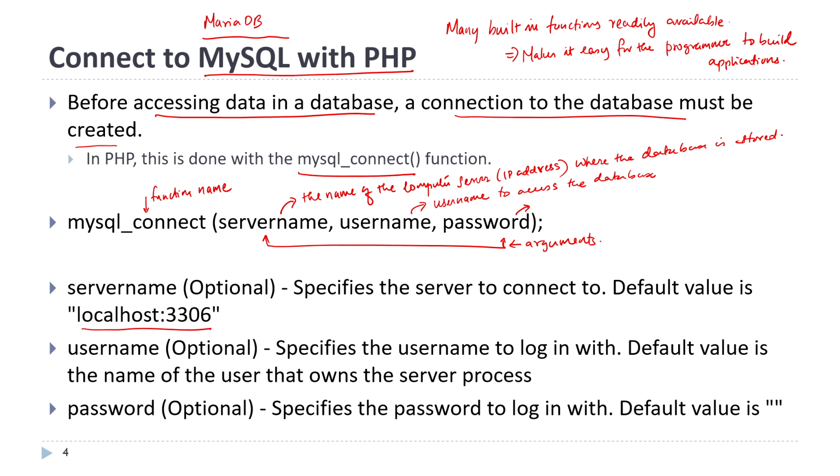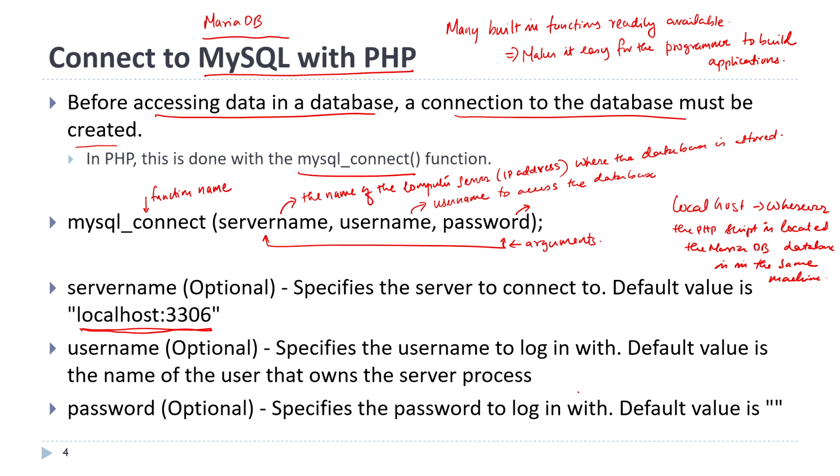It assumes that wherever the PHP script is located, the MariaDB database is in the same computer, the same machine. So that is what localhost 3306 means.